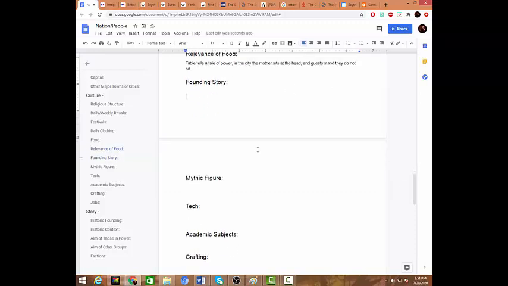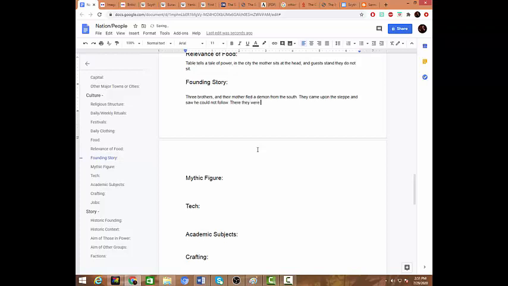The founding story, so 3 brothers and their mother fled. Let's make this like a big thing. Fled a demon from the south. They came upon the steppe and saw he could not follow.